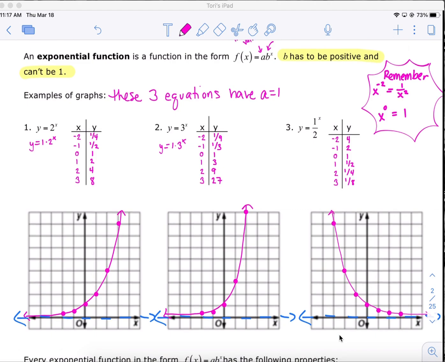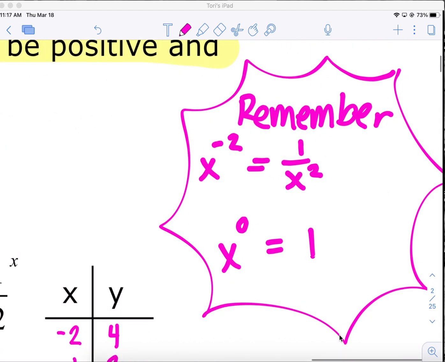Third thing I want you to know is our rules for exponents. Remember that if you see a negative exponent, that does not mean you're making a negative number. It just means that the base that you're raising to a negative power is relocated. It's moving to the bottom.